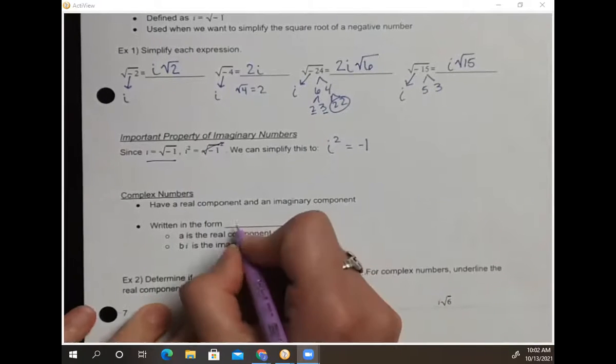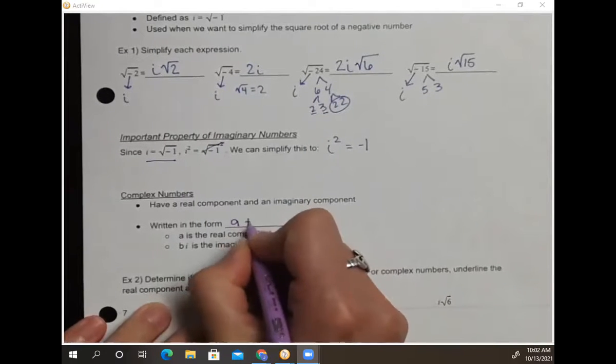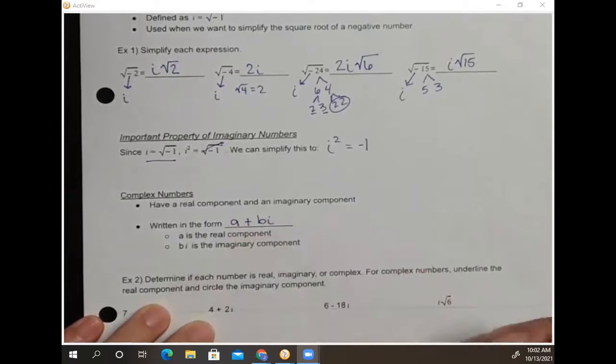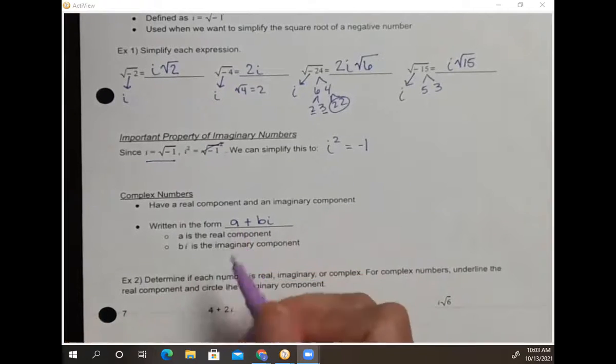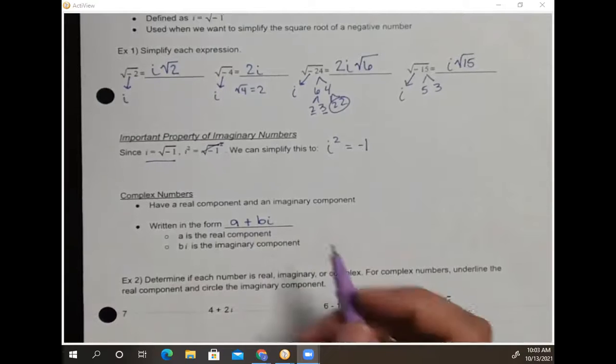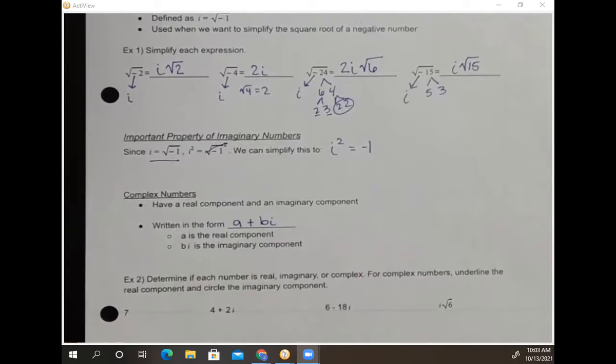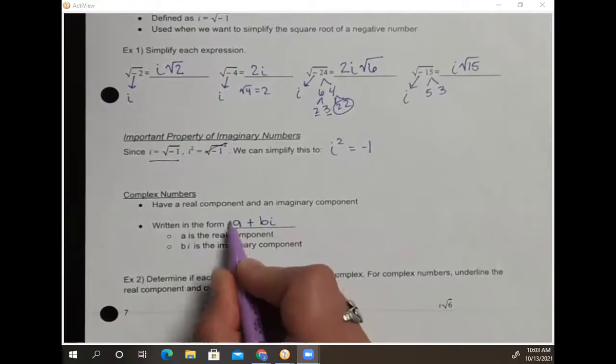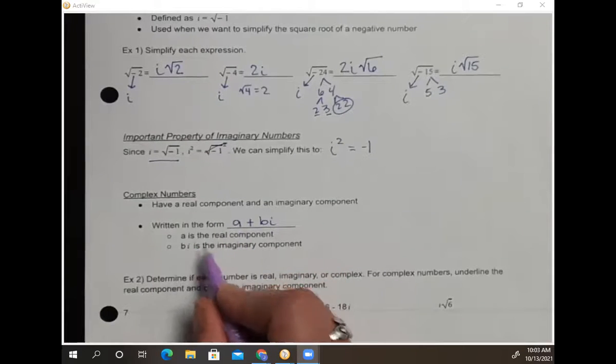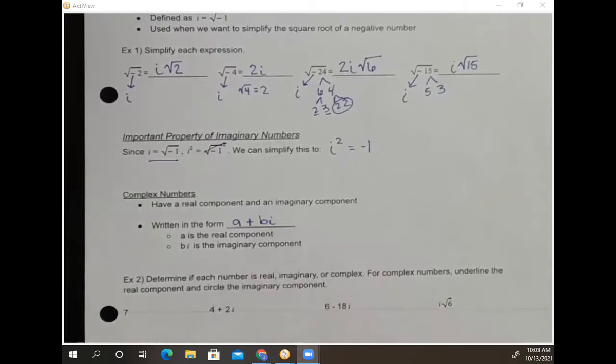We write it in the form a plus bi. And all that means is that our standard form for complex numbers is that we put the real part first, the imaginary part second. So a is the real part of this number, bi is the imaginary part of this number.